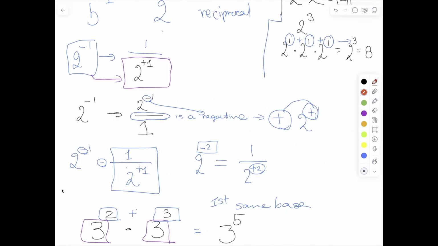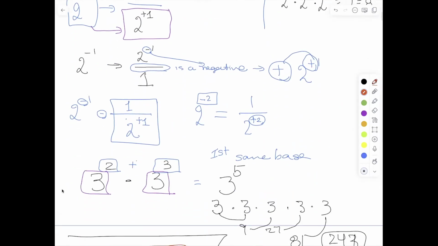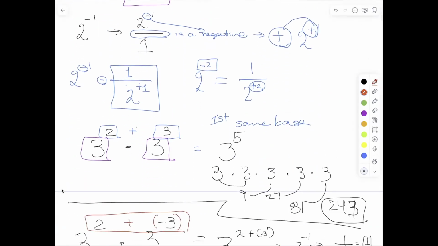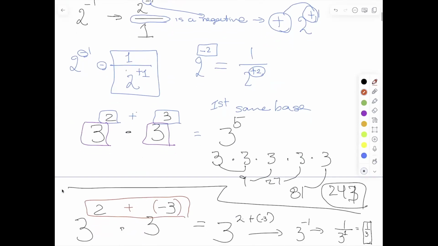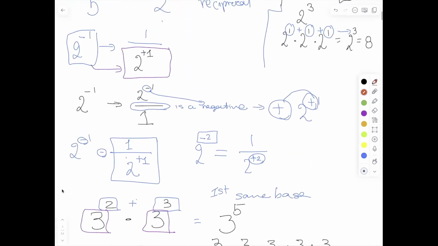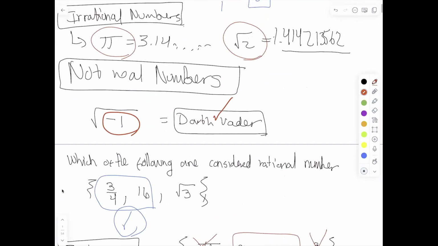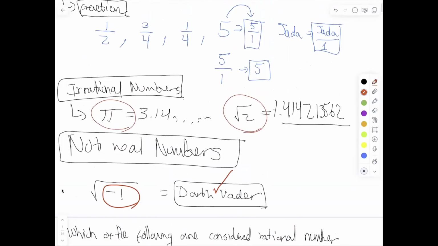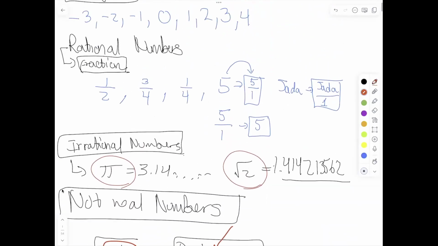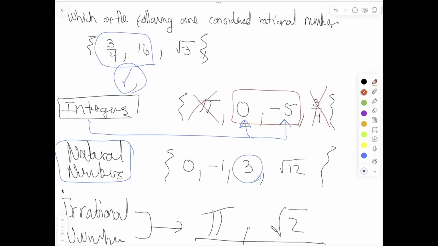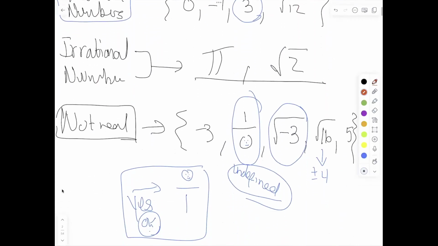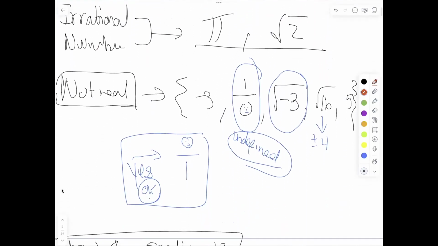Probably nobody noticed. I have a question. Yes, sir, Mr. Carlton. If the fraction has a 0 underneath, is that an irrational number? I like that question. What happens when you have a 0 in the denominator?